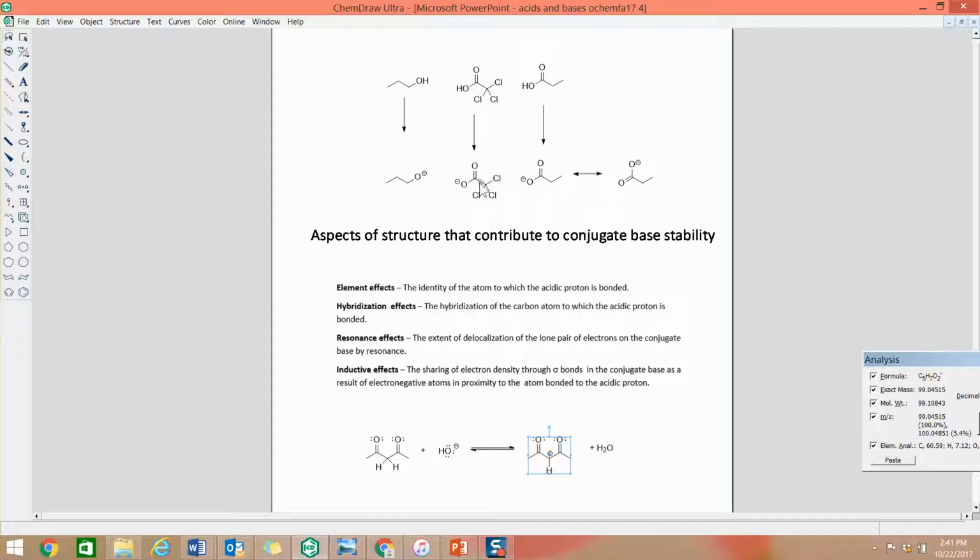And so since the one in the middle is the most stable structure, the corresponding acid is the most acidic. This is the least stable conjugate base, and so this is the least acidic of the structures shown.